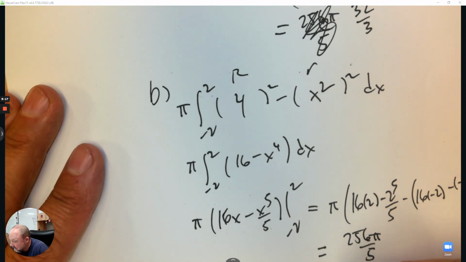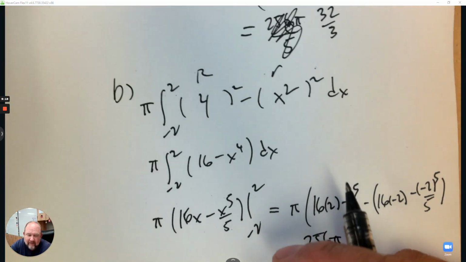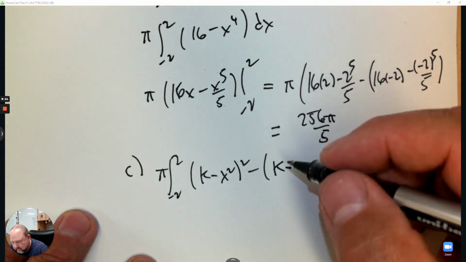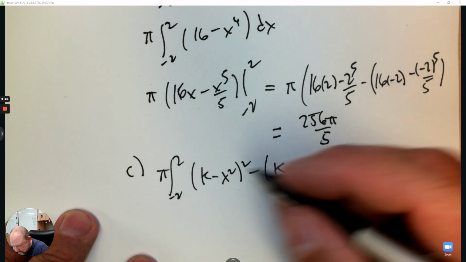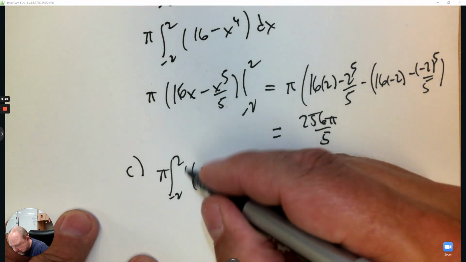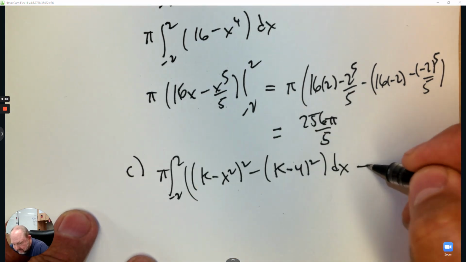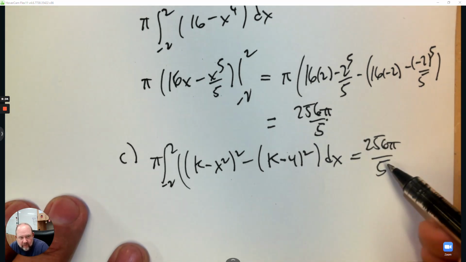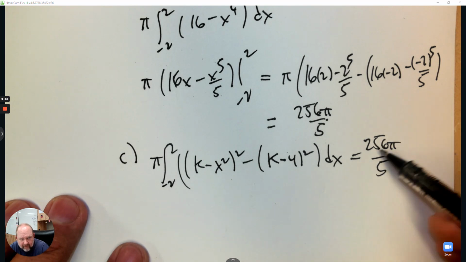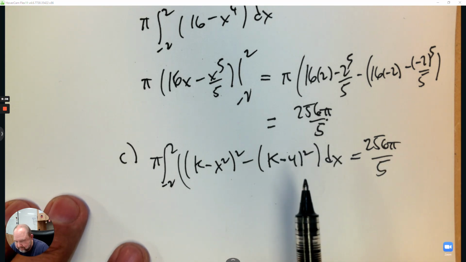And then the second one's going to be k subtract 4. The small radius, because it's above. And there's the setup, and it's equal to that volume. So this is the setup, equal to that volume, and then find that k. All right, number 2 is done. 3 more left.